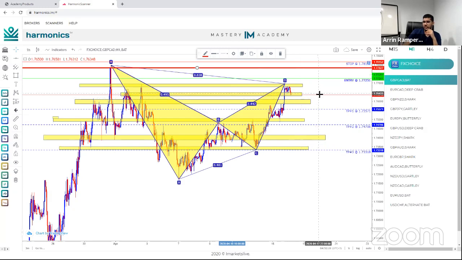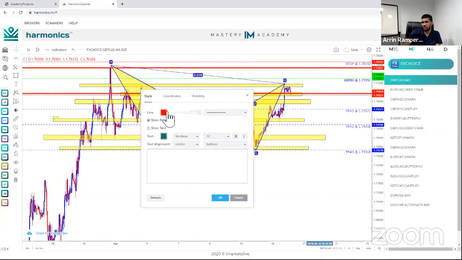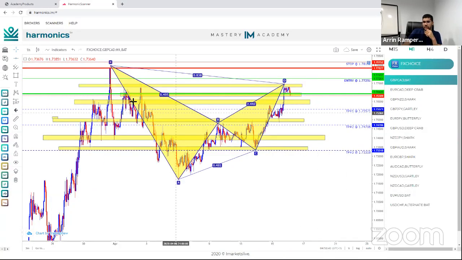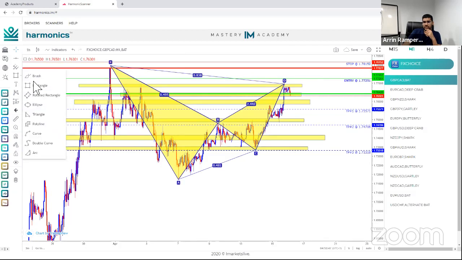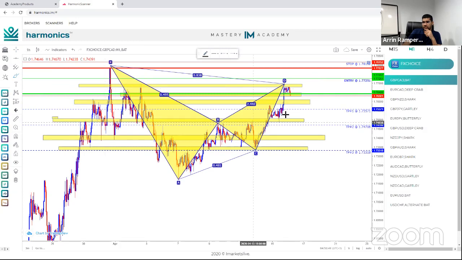You entered up here. I think we entered over here. This green line is where you entered. Price drops, comes back here and then goes down.